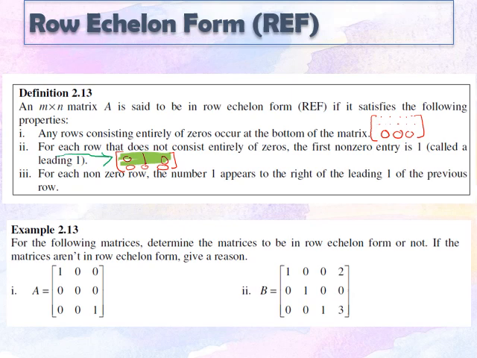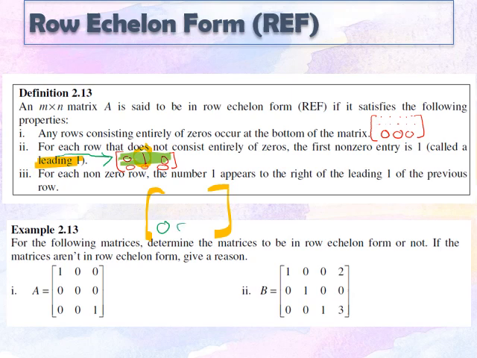When you look from the left, the first non-zero entry of that row must be 1. This is what we call the leading one. For each non-zero row, the 1 appears to the right of the leading one of the previous row.